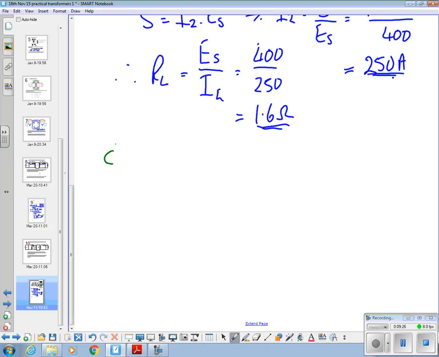Part C, we've got to find RL dash. What do we do when we want to reflect an impedance across? Multiply it by A squared, yeah.